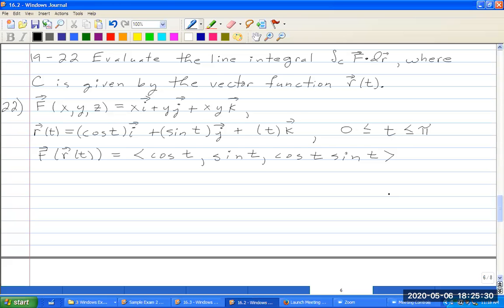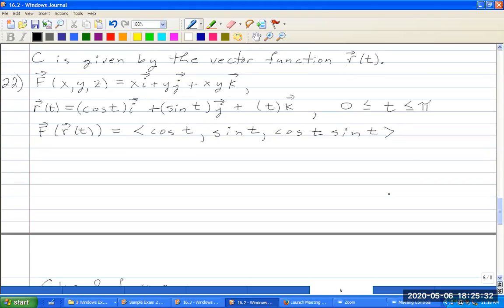Okay, let's get the screen back. There it is. Let's write dr is equal to the derivative of cosine, which is minus sine t dt.